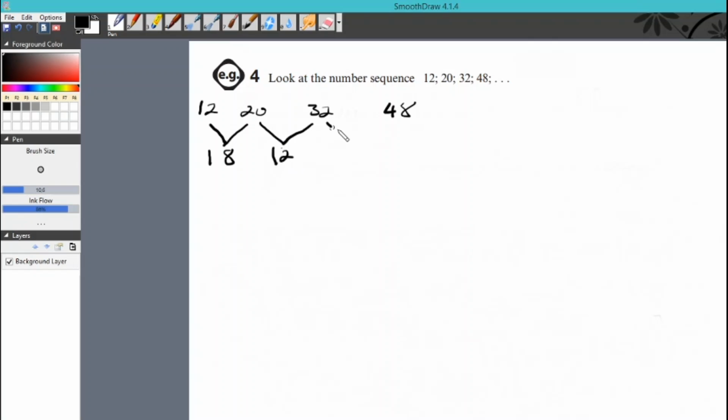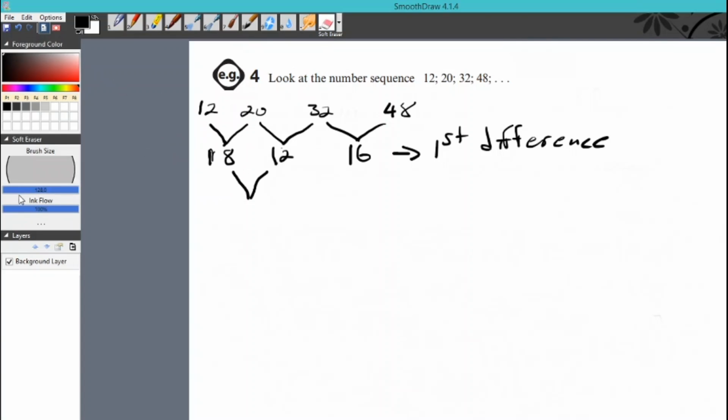Now term 4 minus term 3 is 16, right? So the first difference is this. Sorry, here I should have 8, because 20 minus 12 is 8.